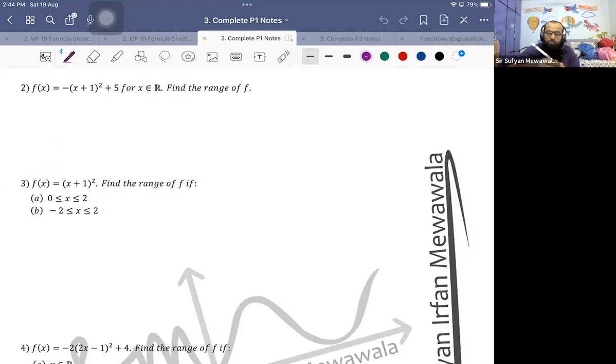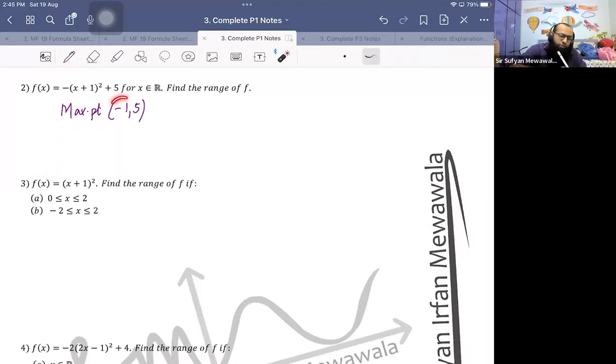Is it going to be a maximum point or a minimum point? Very good. It is going to be a maximum point because the coefficient of the bracket is negative. So maximum point coordinates negative 1, 5.